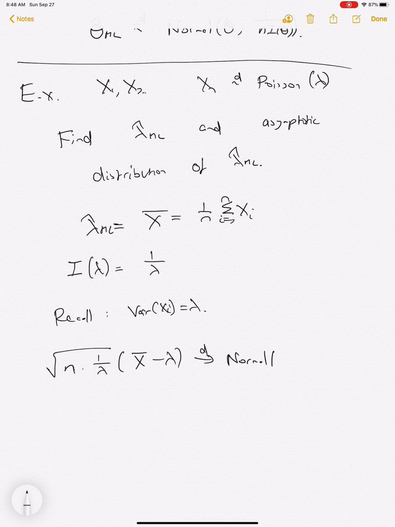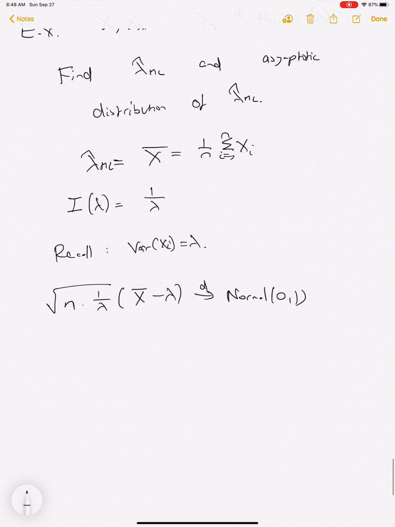We actually knew this already from what we've studied. Another way to look at that is that square root of n times x bar minus lambda over square root of lambda is normal 0, 1. In fact, this should be a square root of lambda.